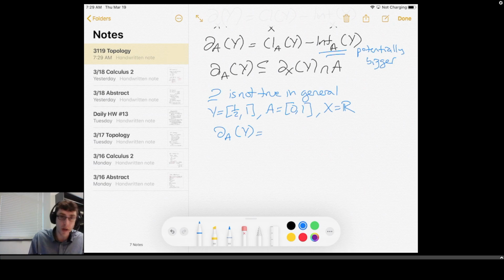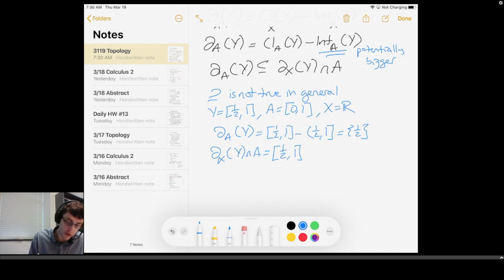Well, the closure was Y, right? And so it's this guy minus, and then the interior we included 1, so this was just the point 1/2, whereas the boundary of Y in X intersect A, the closures are the same, but then this guy did not have 1, and so we get 2 points instead of 1. So that would be a nice little example there.